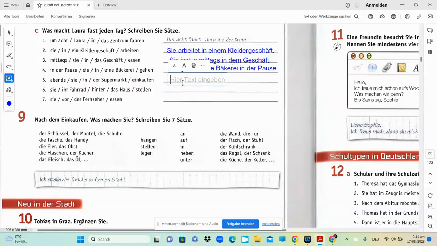So you can say abends kauft sie in, okay, in or im?